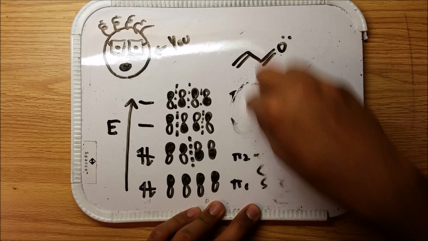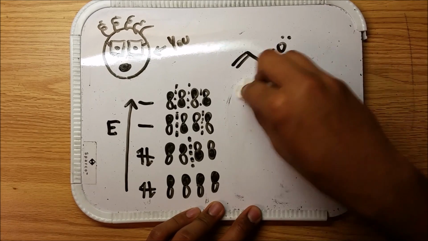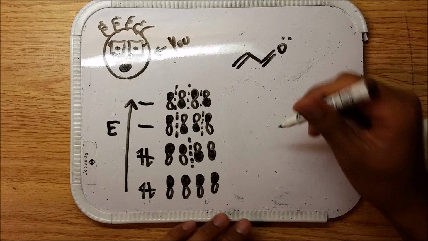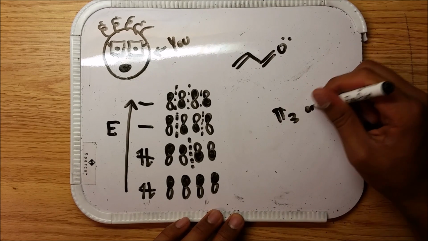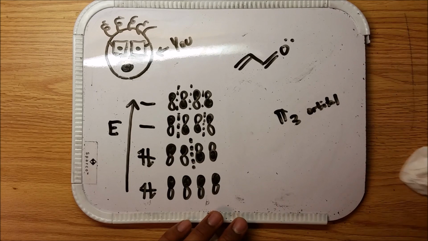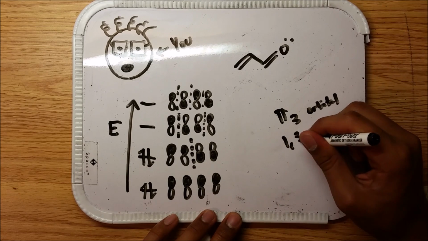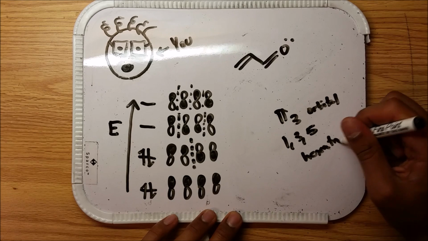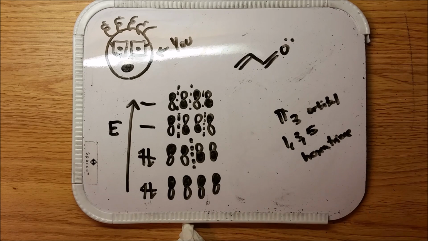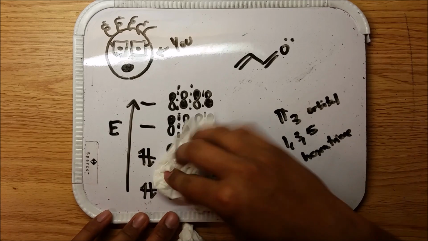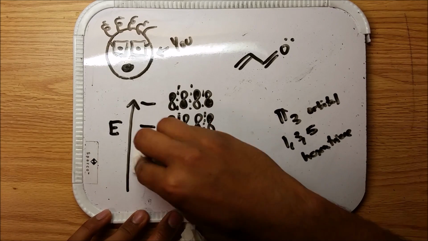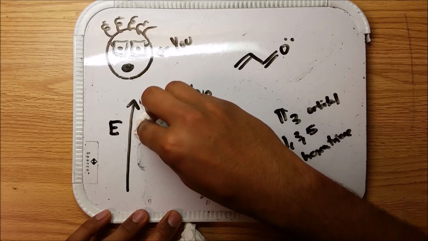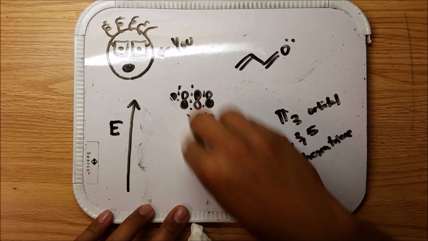Say we are asked to draw the pi 3 orbital of 1,3,5-hexatriene. Now note that there's no star here. Again, the top half of all the arrangements are the antibonding, and the bottom half are the bonding.